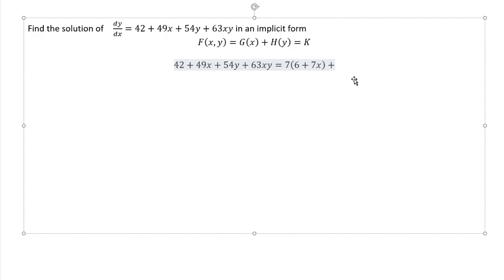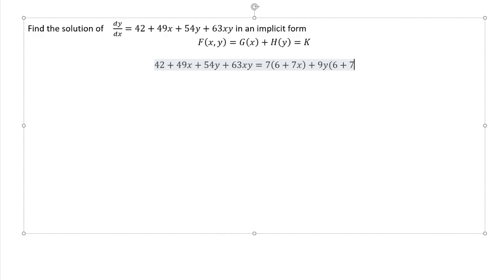And plus, for the second ones, 63 and 54. 9 times 6 is 54, and 9 times 7 is 63. So it has to be 9. You can factor 9 out. Oh, but wait, there's also the y, right? So you can factor 9y out. And the result is that 6 times 9 is 54, and 7 times 9 is 63.